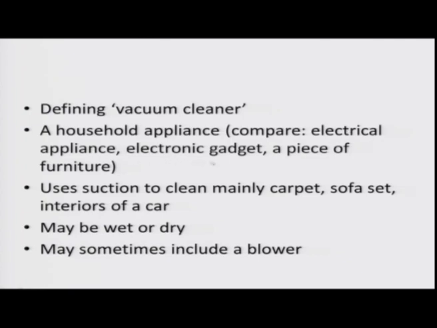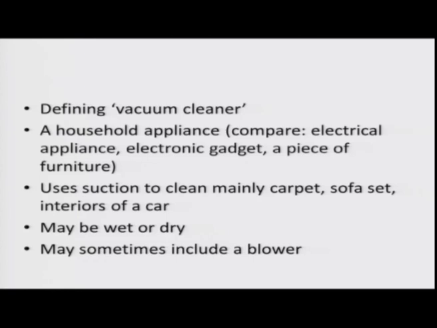A mobile phone is an electronic gadget. If you are talking about a divan, then you would need the furniture category. So, first identify the broad category, and then its special features.